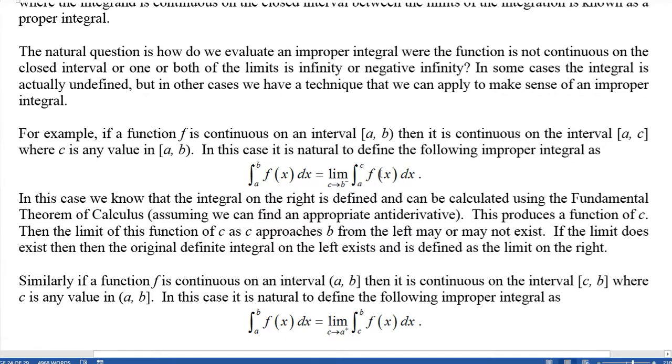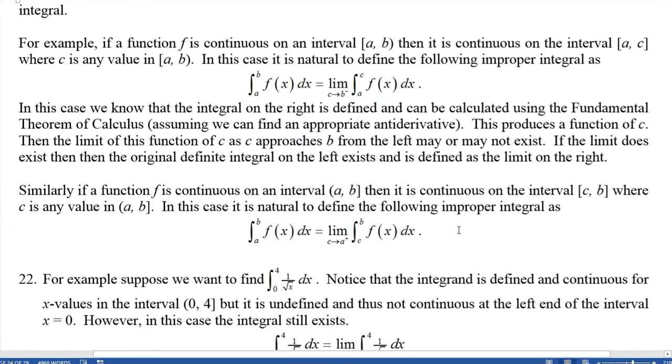But then, that function of c, we can take the limit as c approaches b from the left, and if that limit exists, then we say that the improper integral that we started with converges to that limit, and it actually has an actual value. On the other hand, that limit may go to infinity, in which case we say that integral diverges, or any other way that limit might not exist, then we would say that integral does not exist.